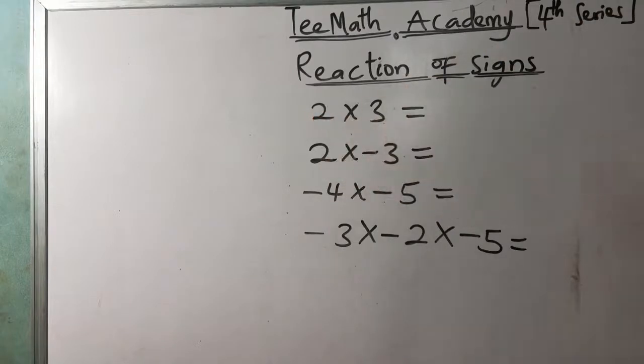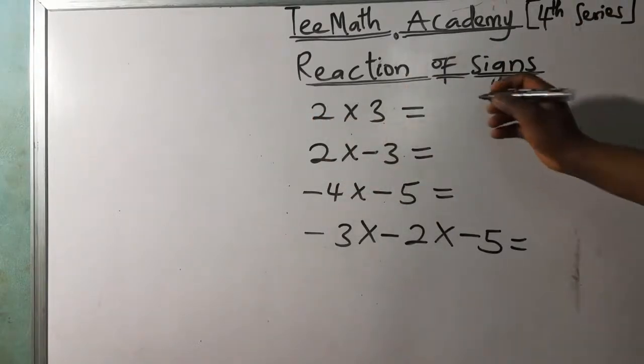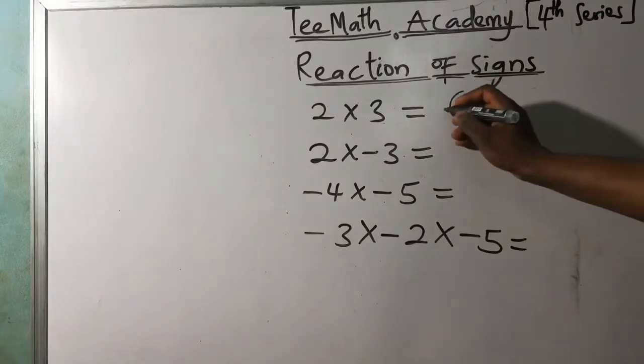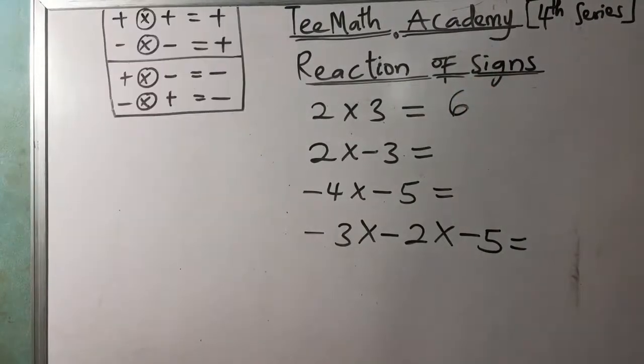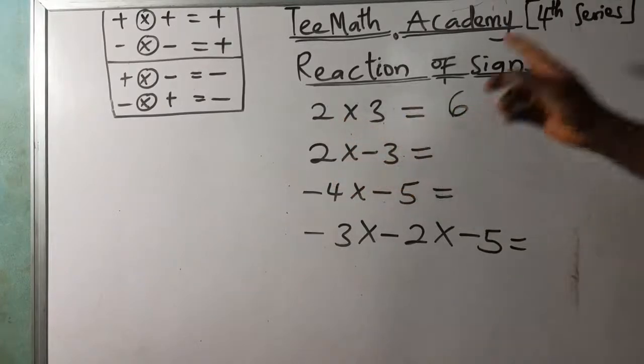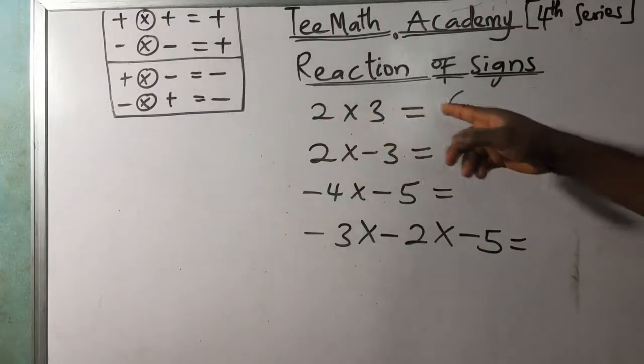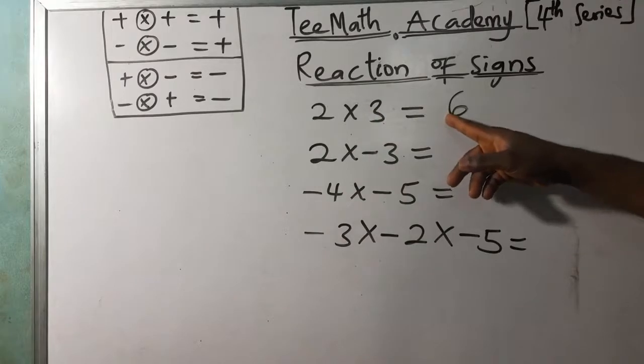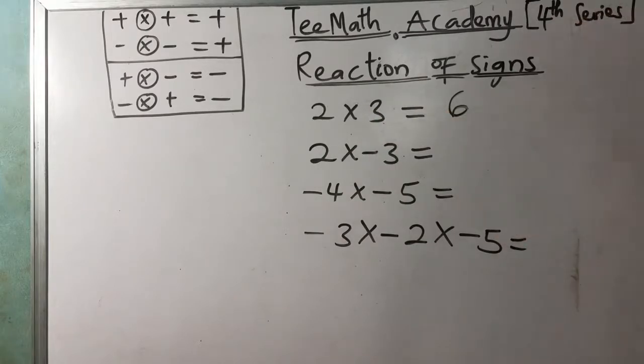Plus times plus is plus, so this 6 is plus 6. That is why 2 times 3 is 6, plus times plus is plus. You don't have to be cramming it. You should know that the same sign is plus.